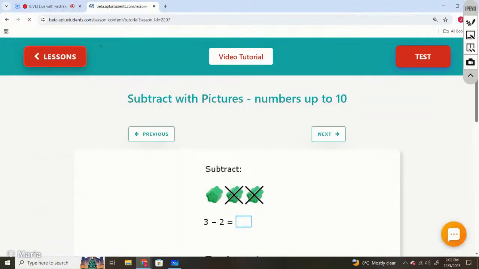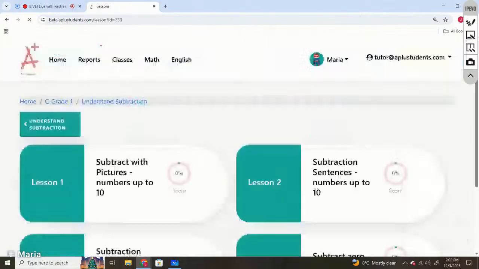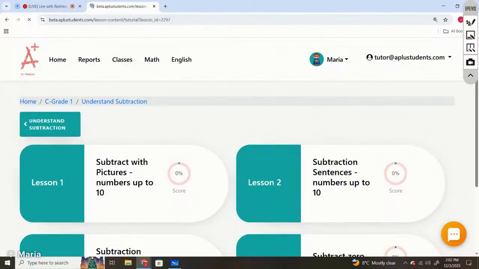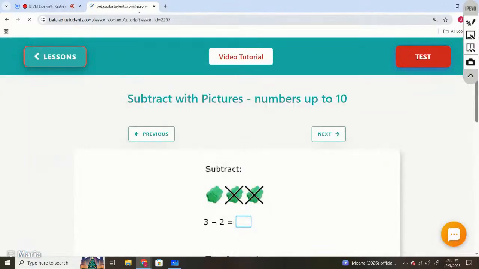Subtract with pictures numbers up to 10. Let's just start with the lesson.